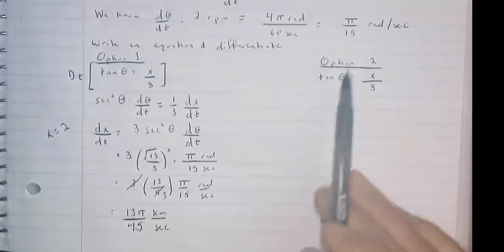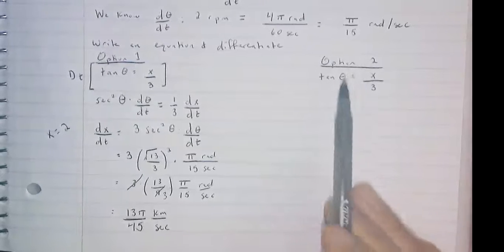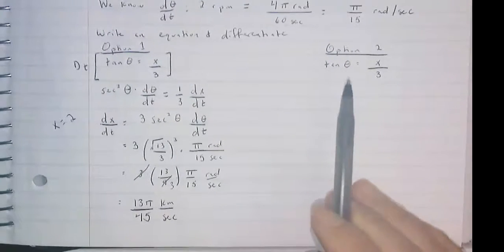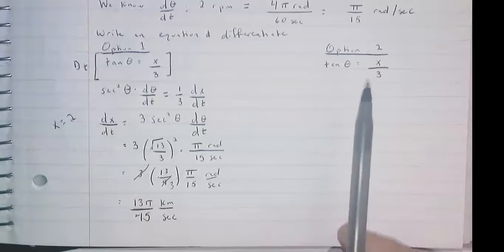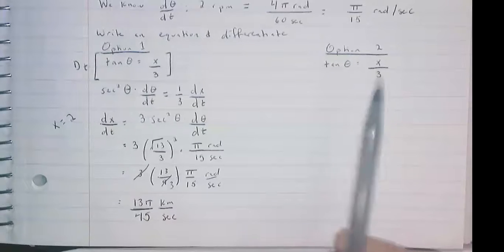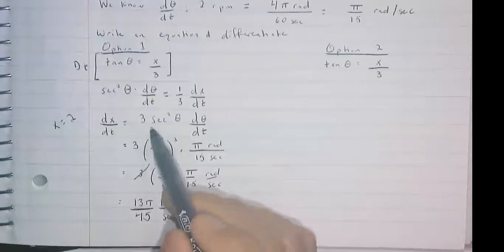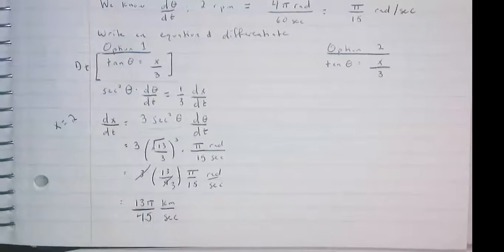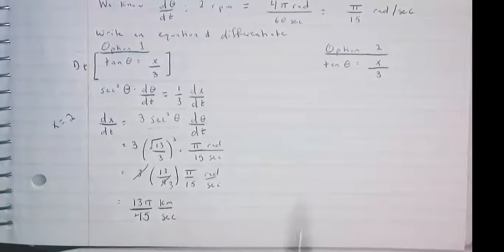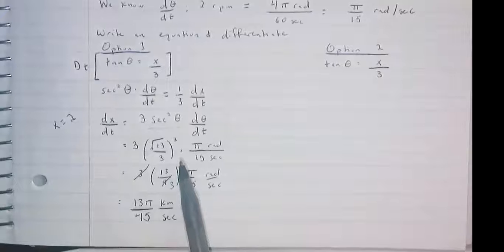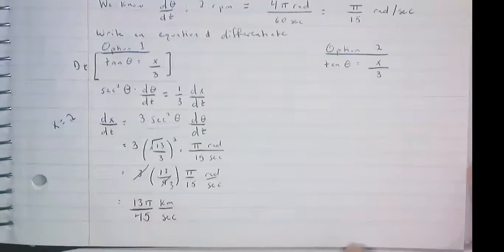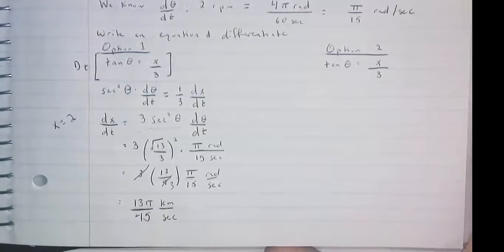Well, because now we have the ability to do inverse trig functions, and the benefit of the inverse trig derivatives is that they eliminate the need to have trig functions in our derivatives.